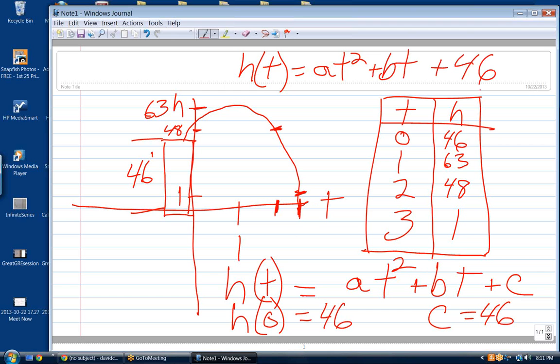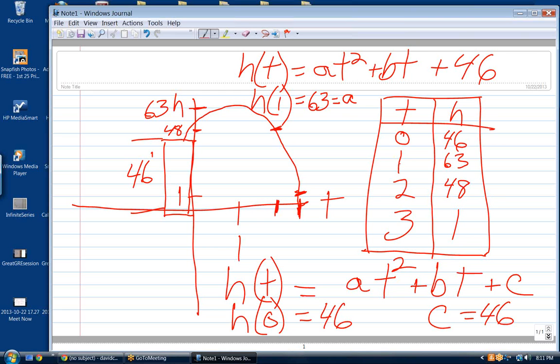Now, when t is 1, what is h of 1 equal to? 63. And what is it equal to when I plug in 1 for t? Would be a times 63 squared.